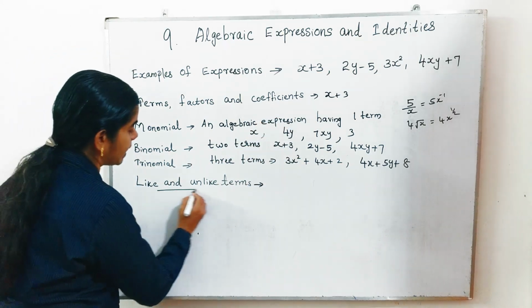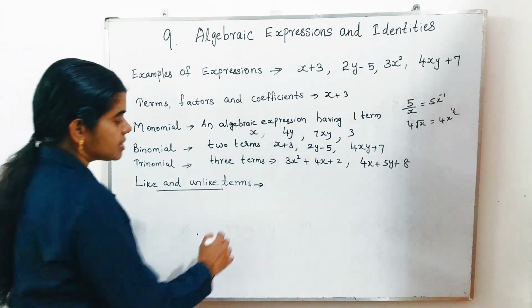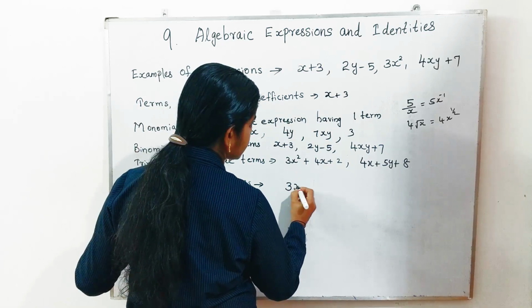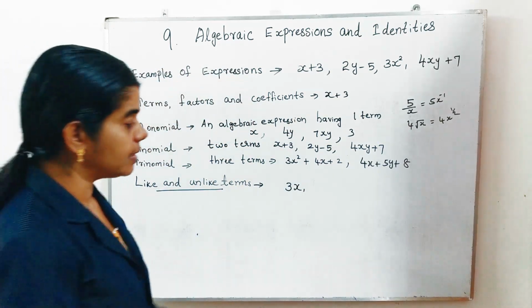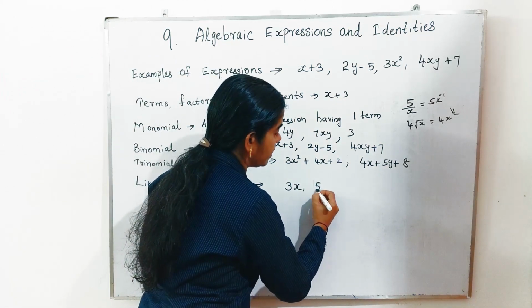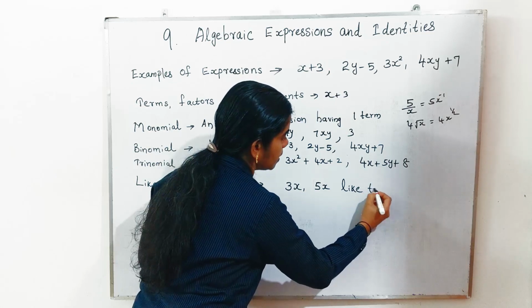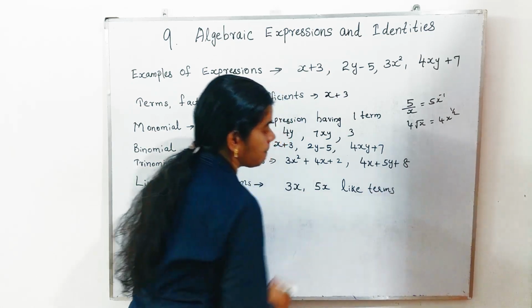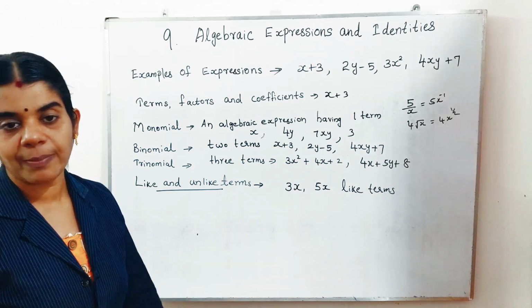Like and unlike terms. What is meant by like and unlike terms? Suppose I am writing 3x. Then its variable will be x. If you are writing 5x, these will be like terms. The variable will be the same and the power of the variable will also be the same.